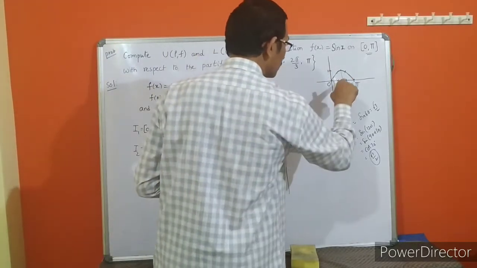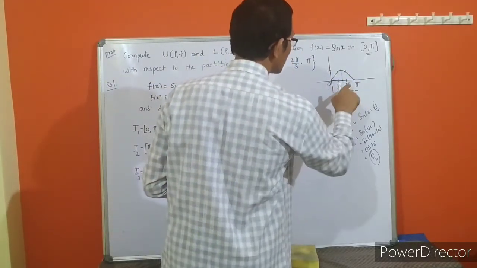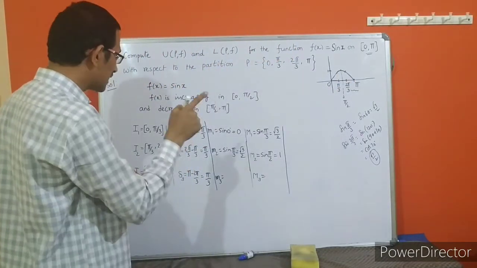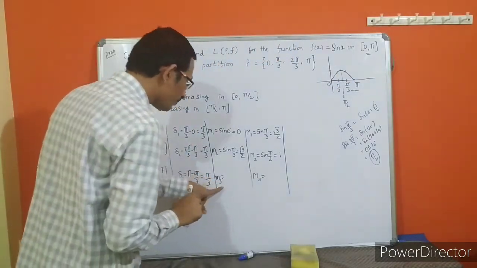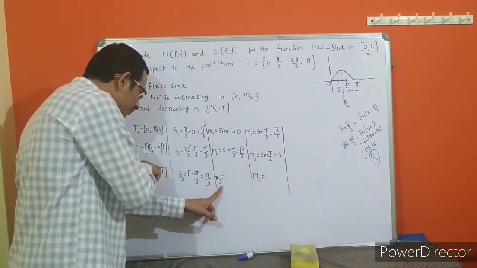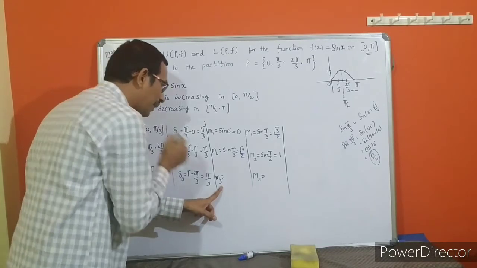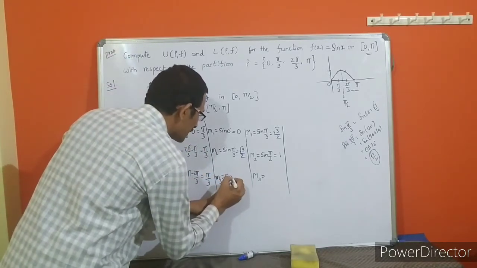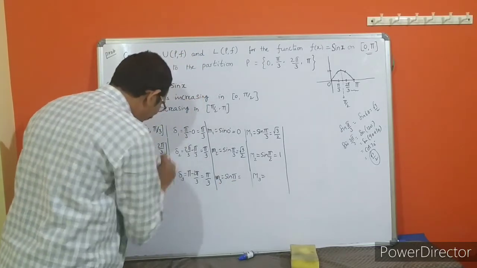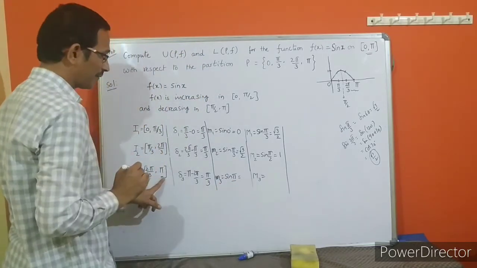But now the scene is reversed. In 2 pi by 3 to pi, the sin x function is decreasing. So where do you get the minimum? You never get the minimum at 2 pi by 3, but you get the minimum at pi, sin pi. That means you get the minimum value of the function at the maximum value of the interval.